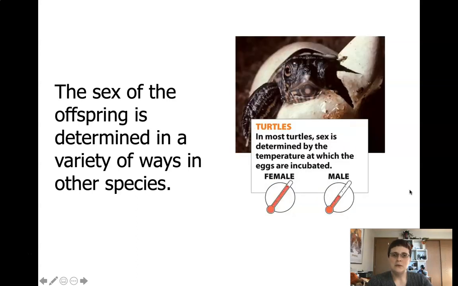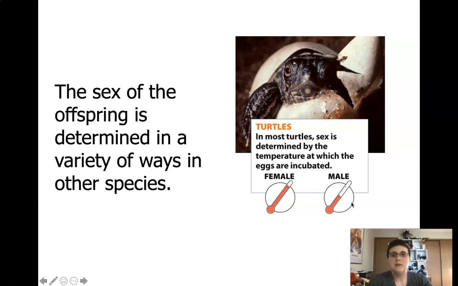Then in turtles, for most of the turtles, their sex is not determined by a chromosome. Their sex is determined by the temperature that their eggs are incubated at. If the eggs are incubated at a higher temperature, they're going to hatch and be females.